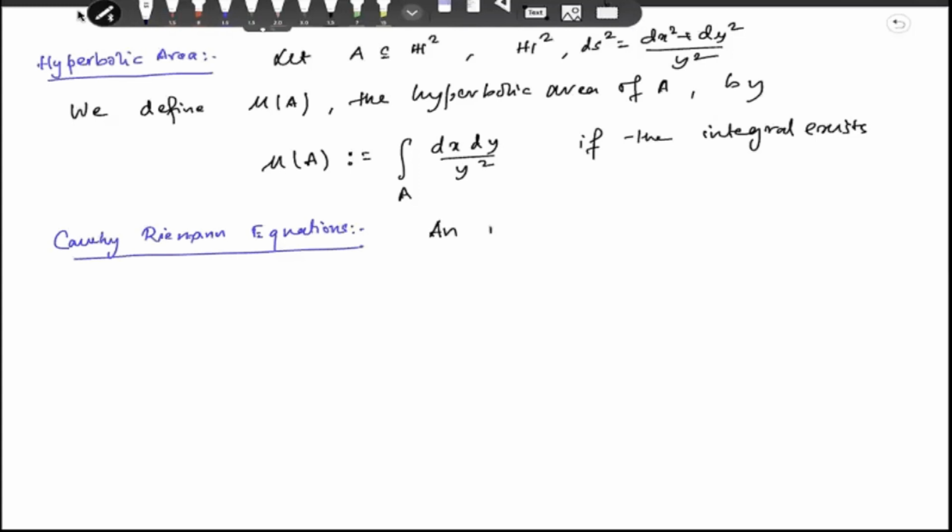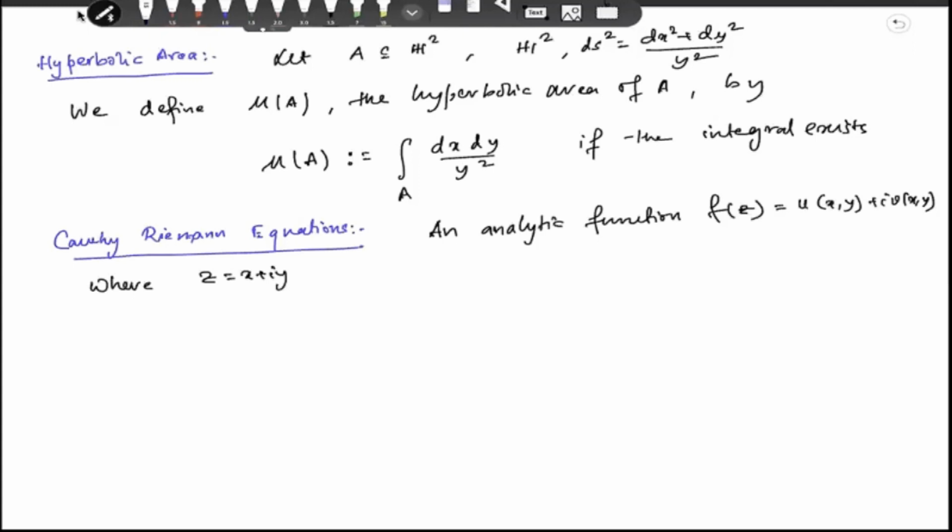An analytic function f(z) equals u(x,y) plus i v(x,y), where z equals x plus iy varies over a domain, satisfies the Cauchy-Riemann equations.